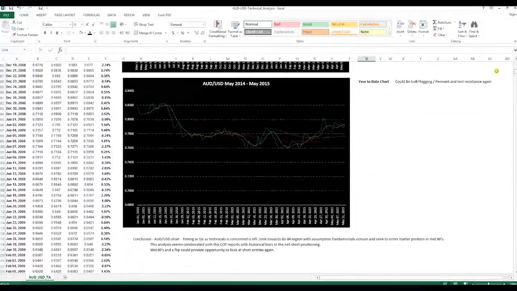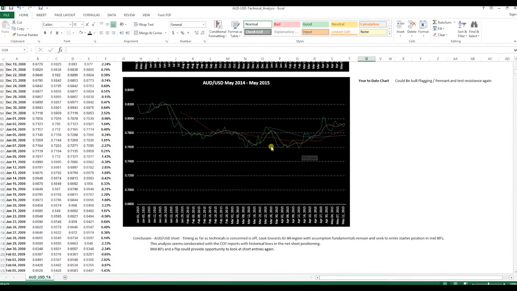Imagine you were in this situation here in March 2015, and you were looking at being fundamentally short. So your idea was to be fundamentally short the Aussie dollar, US dollar exchange rate. And you pulled up the COT report data and you pulled up the chart.